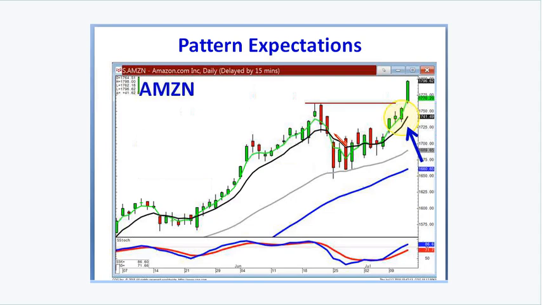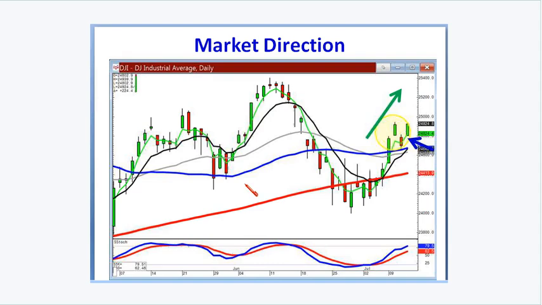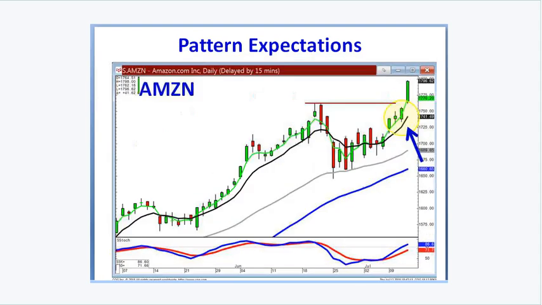What do you see with the inverted hammer? Did you see an inverted hammer here? Yeah, there's kind of an inverted hammer, but it was mostly the piercing signal and the bullish engulfing. Usually we want to see an inverted hammer at the bottom of a trend.